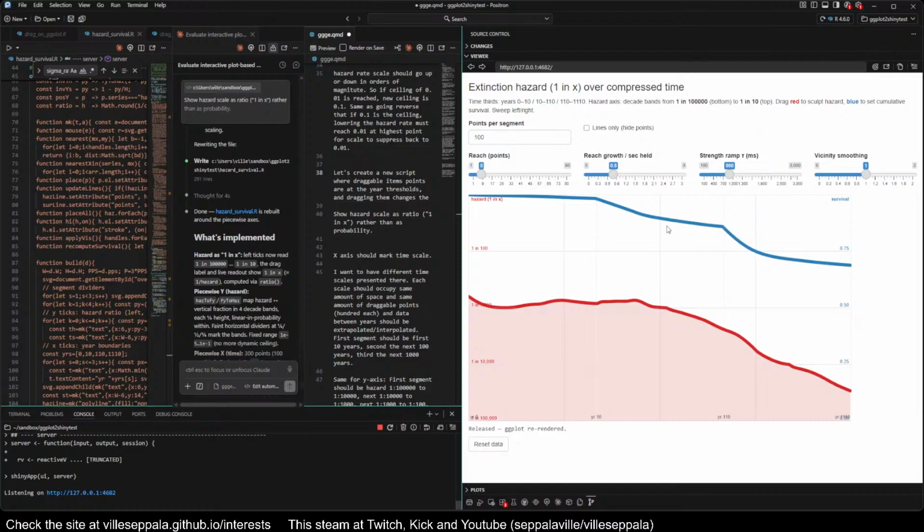Then you could change the shape of this line. Could there be another control for the curvature of the line?